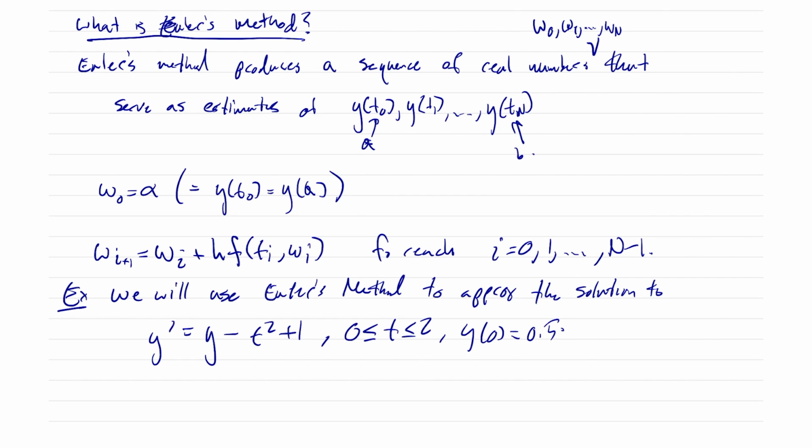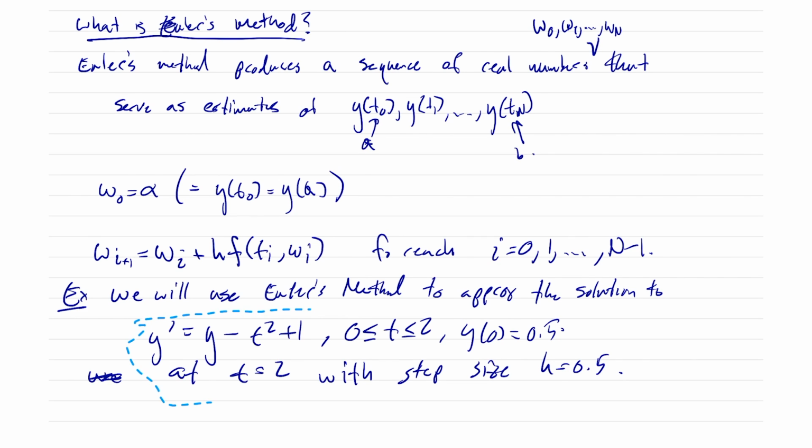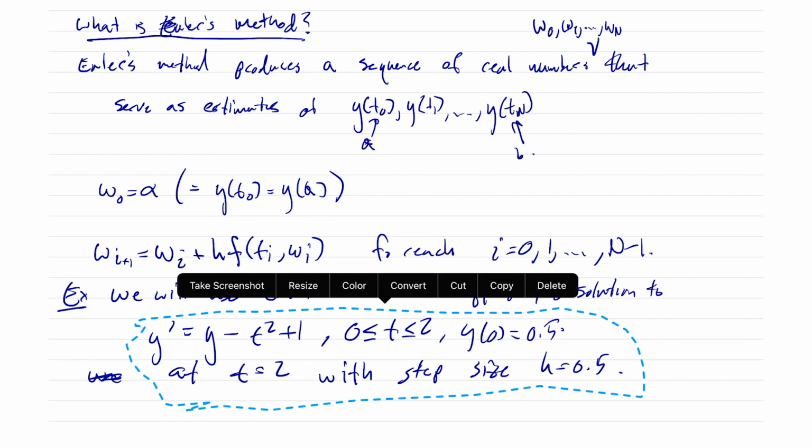So we care about approximating the solution to this at t is equal to 2, with step size h is equal to 0.5. Okay, so just copy this. We'll go to the next page.